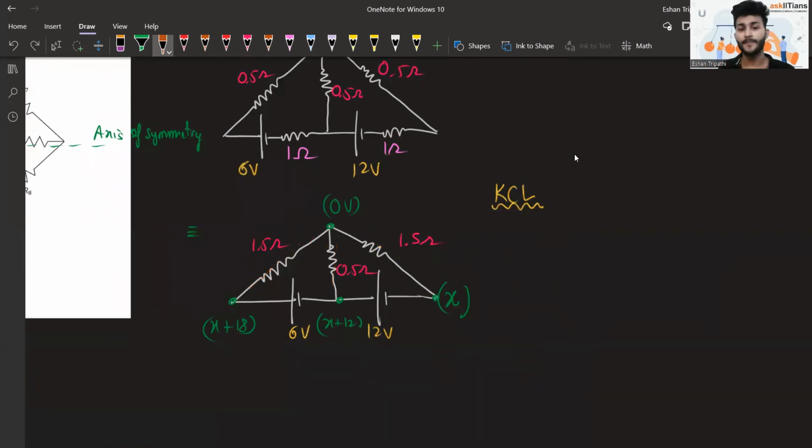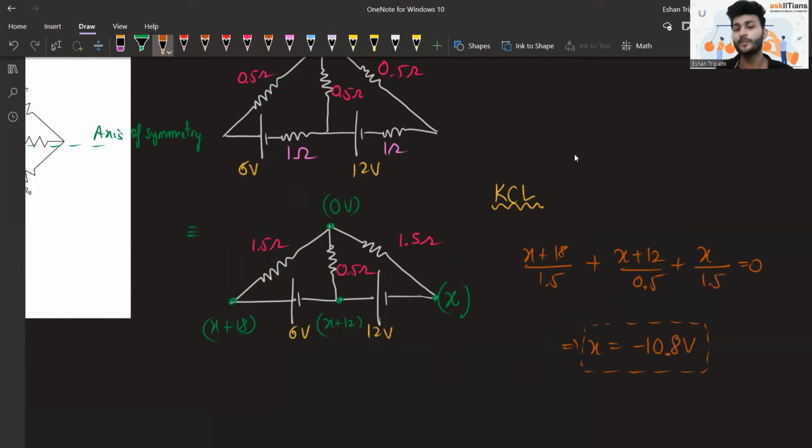So that means (X plus 18) by 1.5, which is the current in this branch, plus (X plus 12) divided by 0.5, which is the current in the central one, plus X divided by 1.5 is going to become 0. When you solve this, you'll get X is equal to minus 10.8 volts.